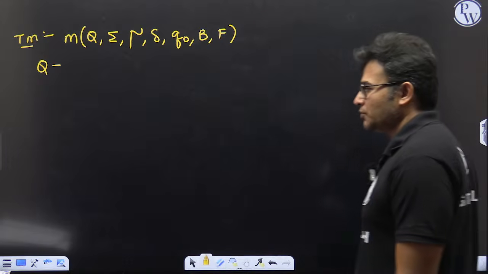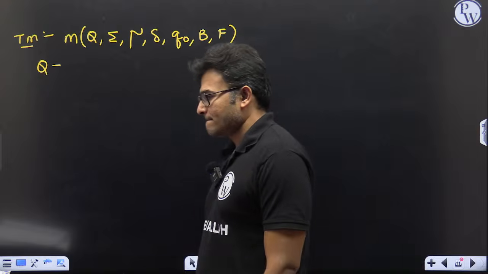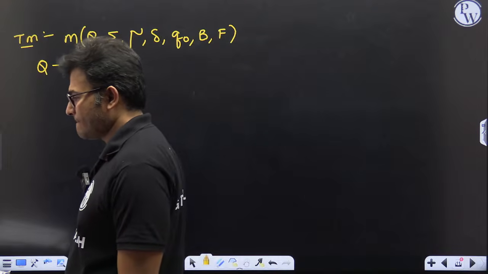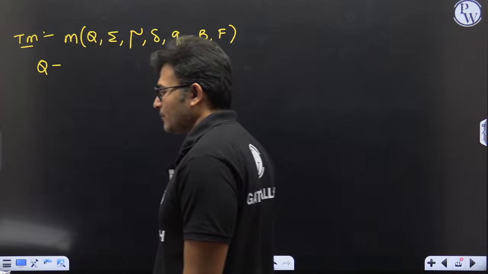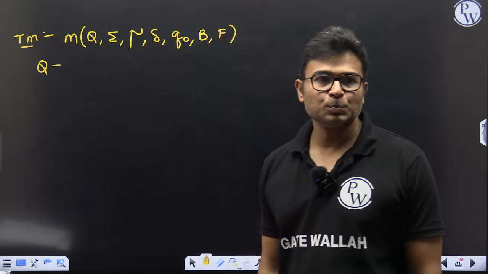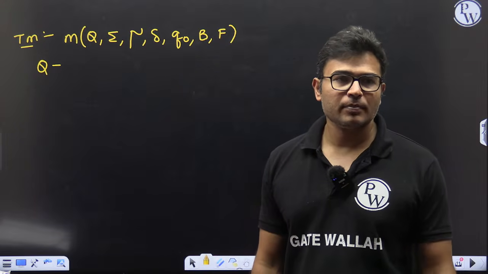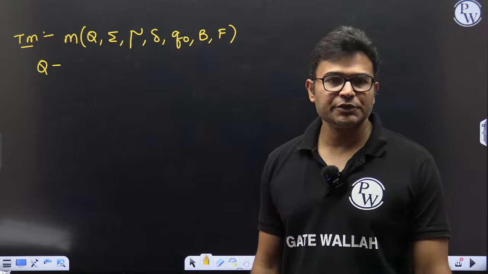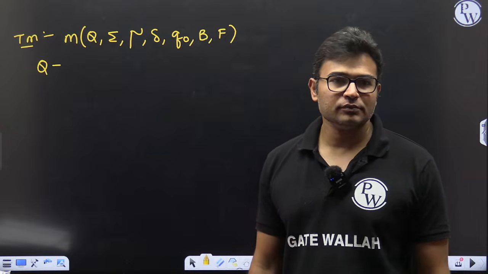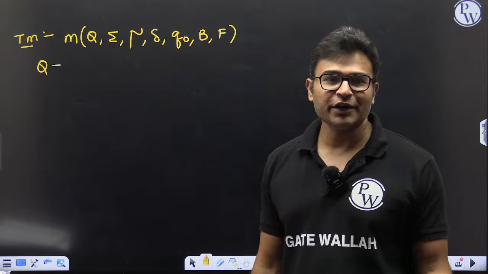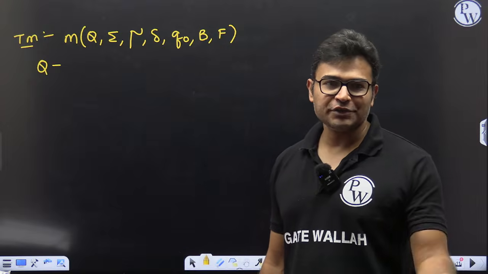So Q. What is Q? Mohit, Yogesh, Prashant, Prince. You have seen all the machines so far. You have seen Q many times, right?